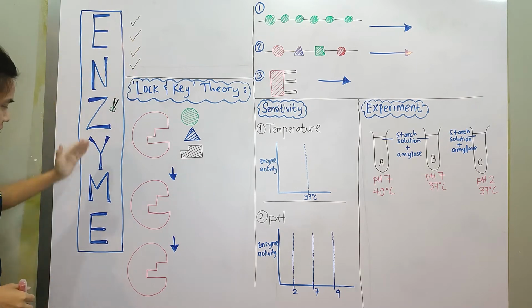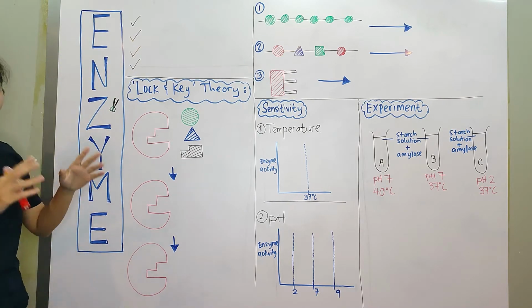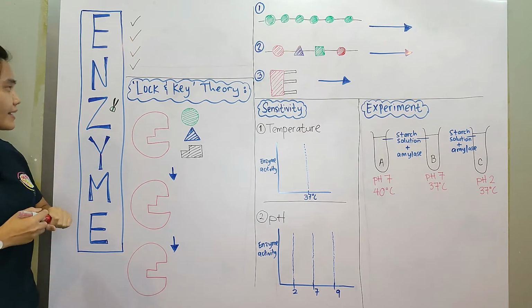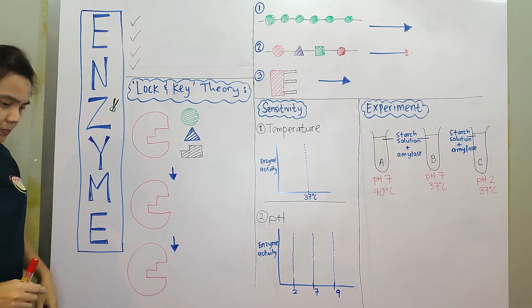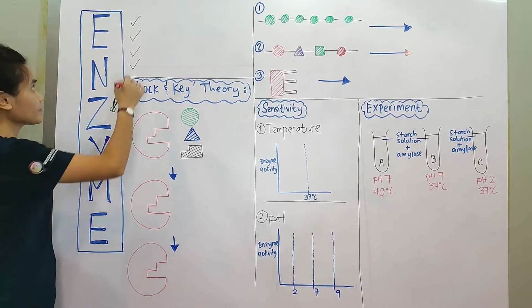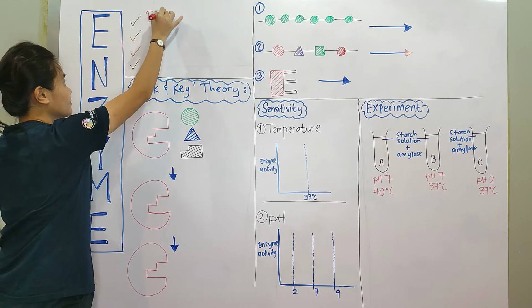So first let's get to know about enzyme. Enzyme is our actor in this video, so we need to know our actor. What is enzyme? The first one is a very popular description.